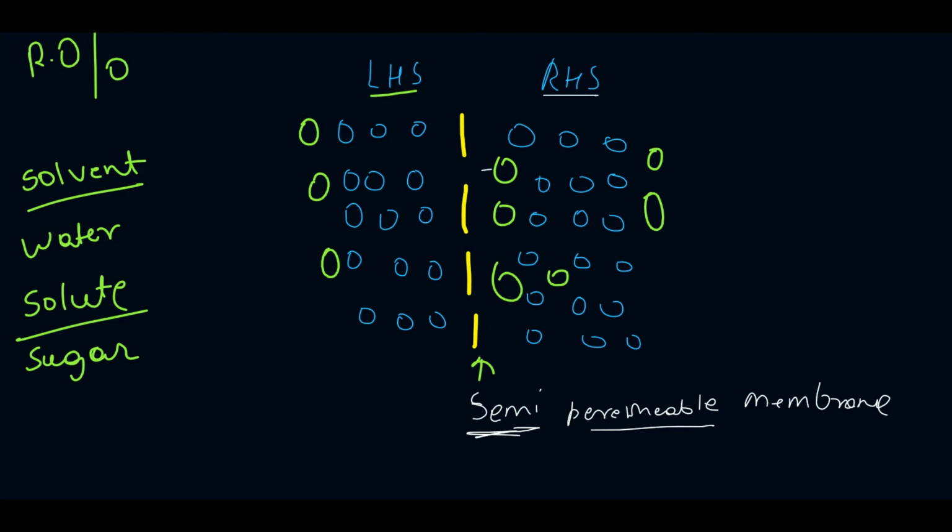Ultimately, on the right hand side, the solute will not fit through this gap because it is quite large. To visualize it, I have drawn it larger. The solute on the left hand side will push the solvent, the water, to the right hand side.